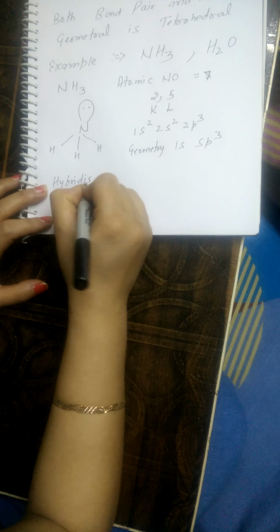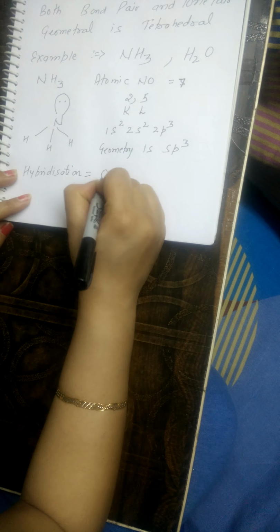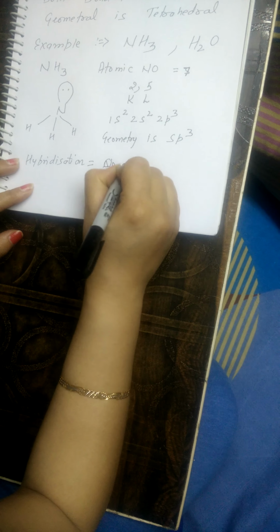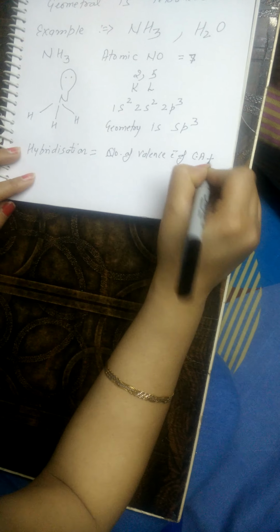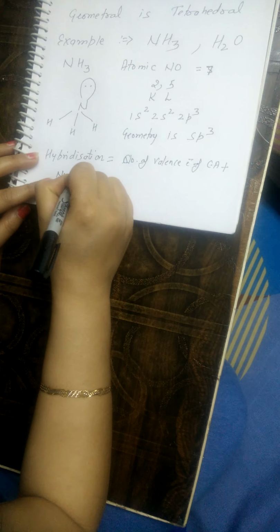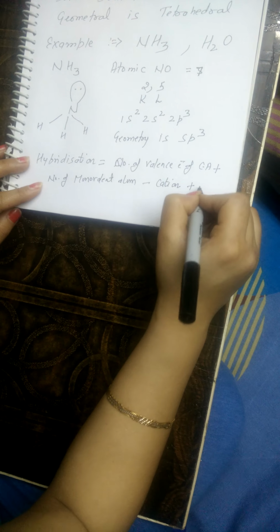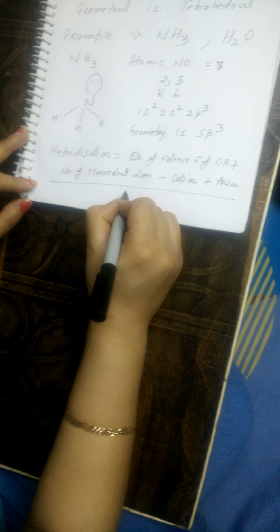Hybridization is equal to the number of valence electrons of the central atom plus the number of monovalent atoms minus the charge of cation plus the charge of anion, overall divided by 2.